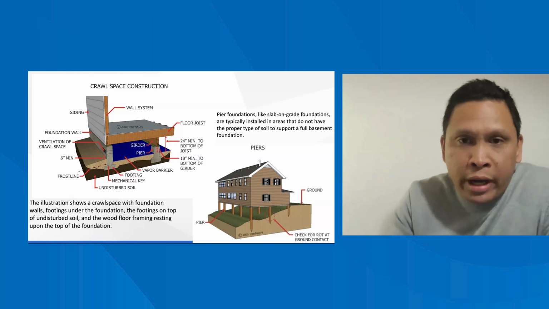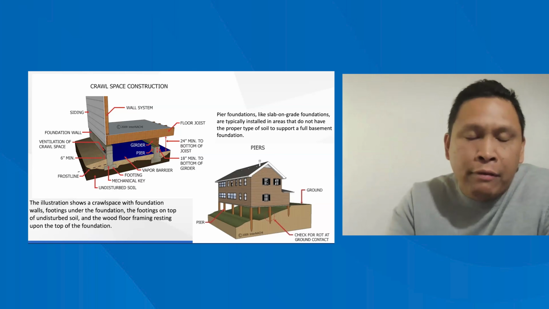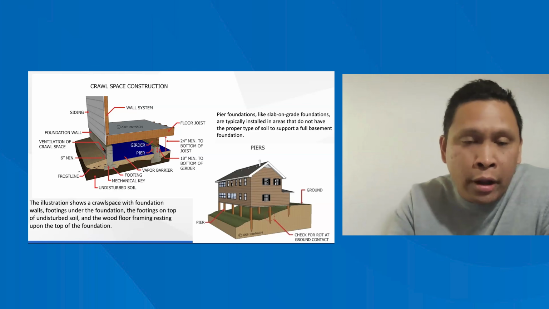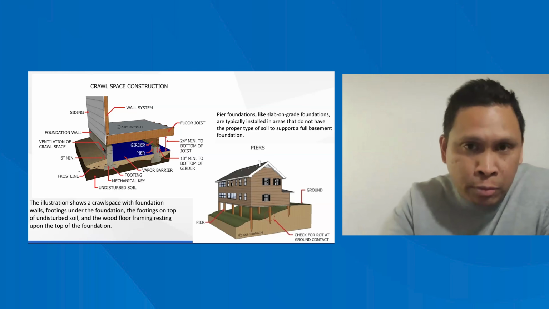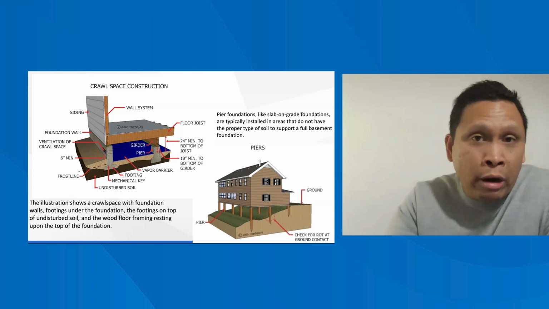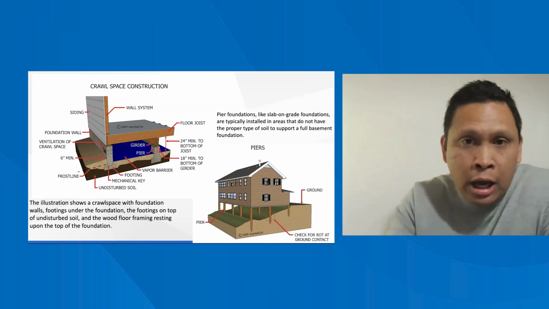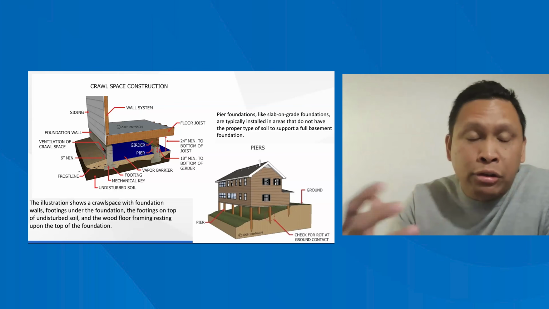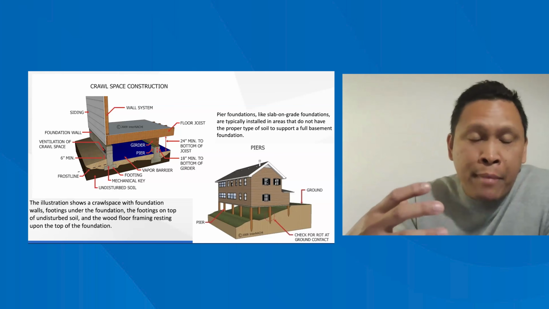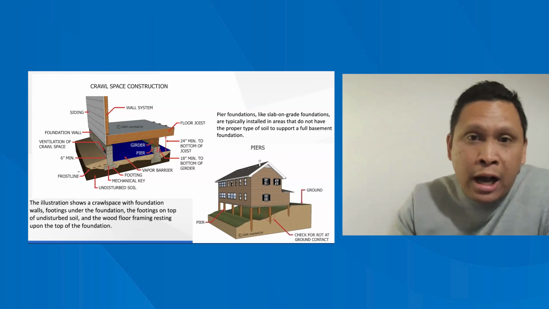When it comes to crawl spaces, it's very, very important, if you think it's safe to enter the crawl space, to make sure that you're wearing proper PPE, personal protective equipment. Safety first, right? You want to make sure that your head is covered, your eyes are covered, and your body is covered.